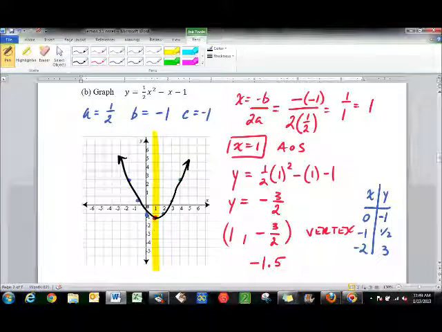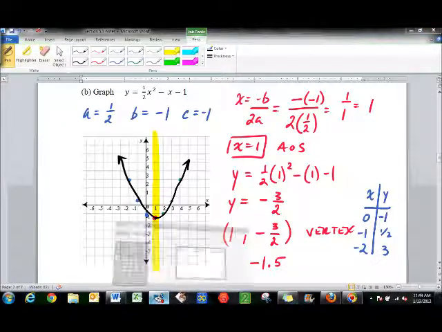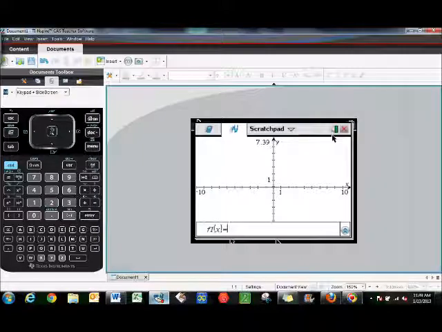Now, as always, we have the calculator to kind of give us some guidance. So as I look at this, I can then go into my calculator to check myself. So I will check myself on part B here real quick, 1/2 x squared.